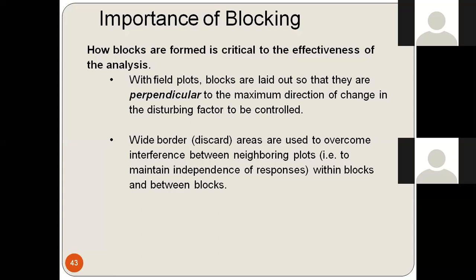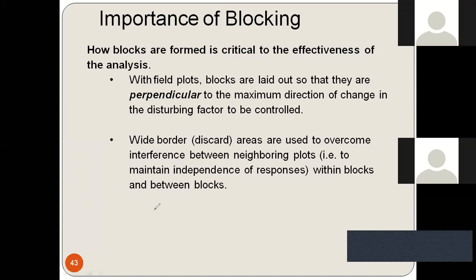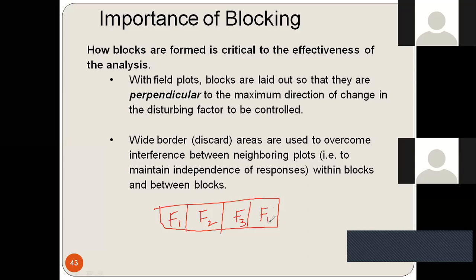When we expand the size of the block, suppose you are doing a small experiment. I don't know whether I mentioned this last time. Here you have a fertilizer experiment. 1, 2, 3, 4. Let's say F1, F2, F3, F4. The blocks are much closer.